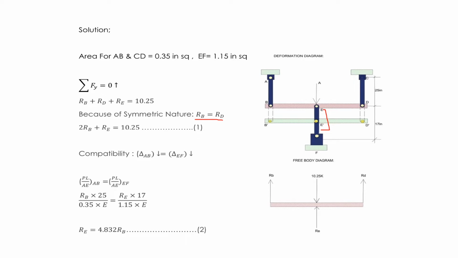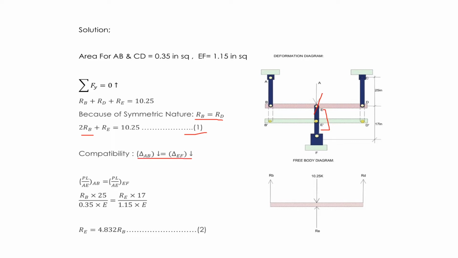So we multiply by 2 RB plus RE is equal to the given load of 10.25 kips. Let's say it's equation 1. So let's find the compatibility: delta EB is also equal to delta EF.